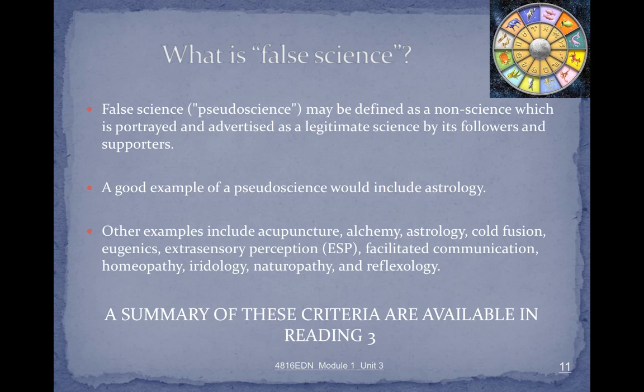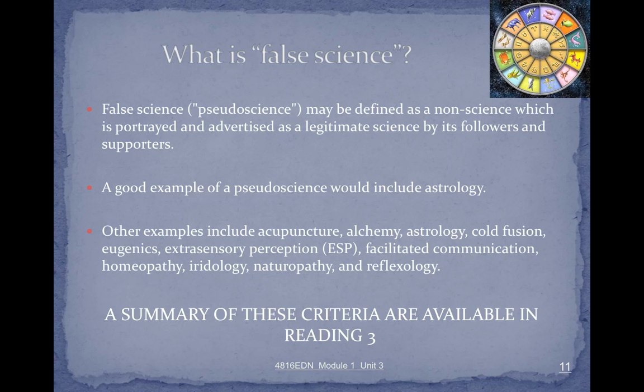So when we said pseudoscience before, that falls into the false science category. Now, a false science may be defined as a non-science, which we talked about earlier, but it's portrayed and advertised as a legitimate science by its followers and supporters. So astrology is a really good example of a pseudoscience.